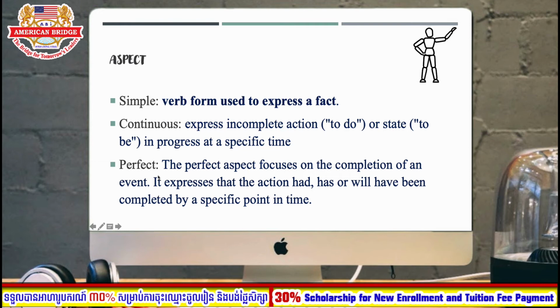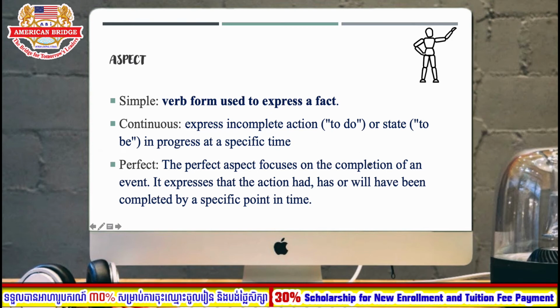And the other one, we call it the perfect aspect, and this one is a little bit complicated, but the perfect aspect focuses on the completion of an event. It expresses that the action has or will have been completed by a specific point in time. So when we talk about the perfect aspect, we focus on the completion.